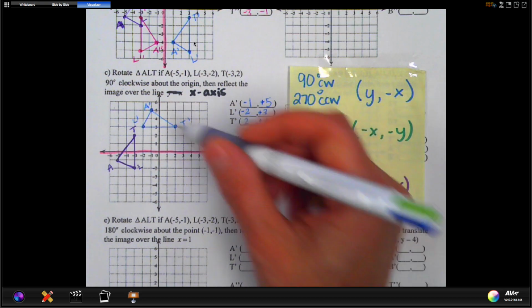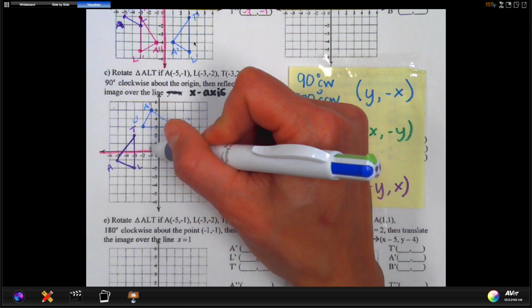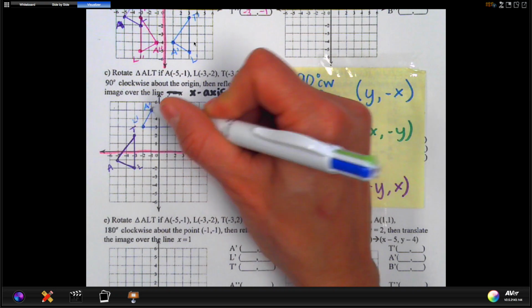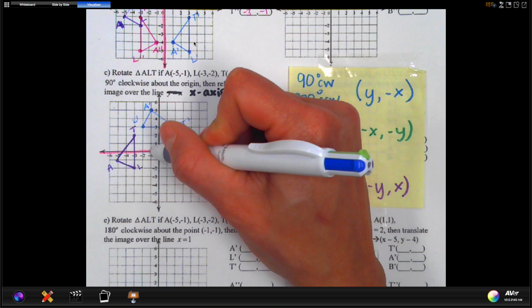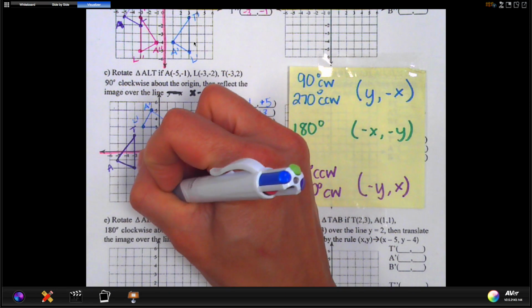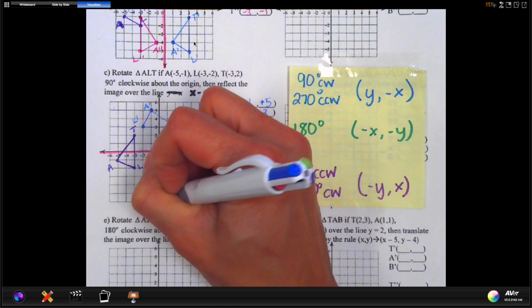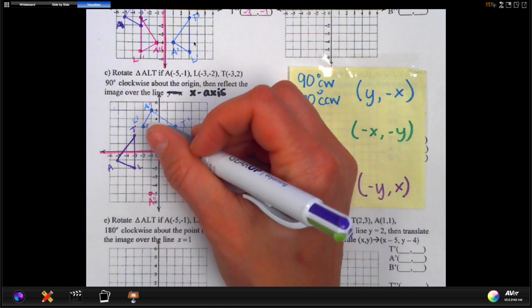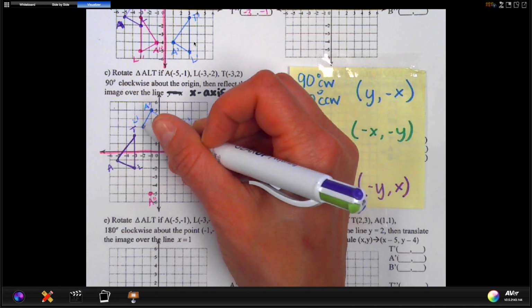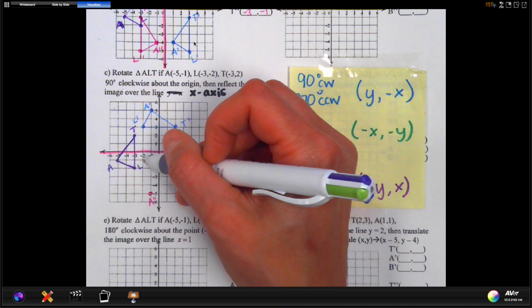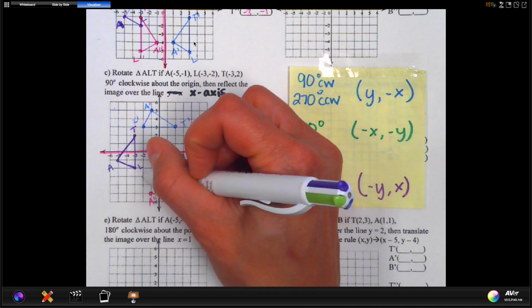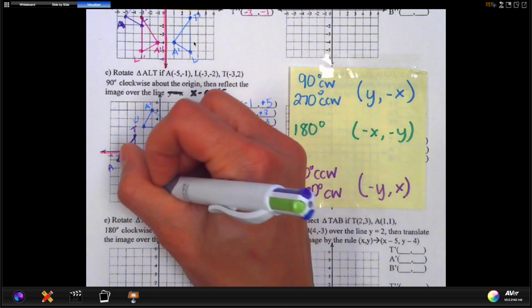So let's start with A prime. So A prime, you can see, is 5 units above our line of reflection. So we're going to reflect it to 5 units below and make it A double prime. Let's go to L. L prime is 3 units above our line of reflection, so we're going to go ahead and reflect that 3 units below on the same line, L double prime.